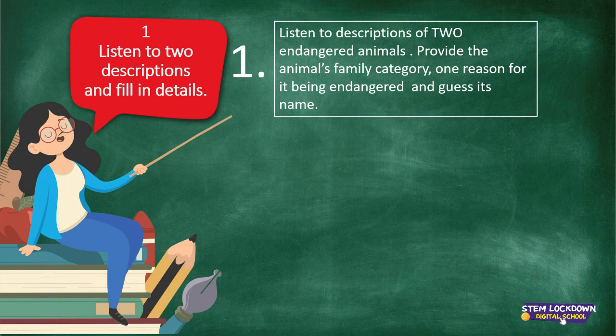One reason why it's endangered and a guess at its name. Okay, so on your paper, in your book, just do this simple flow chart with these 2 words, animal 1 and animal 2. Okay. You got that?